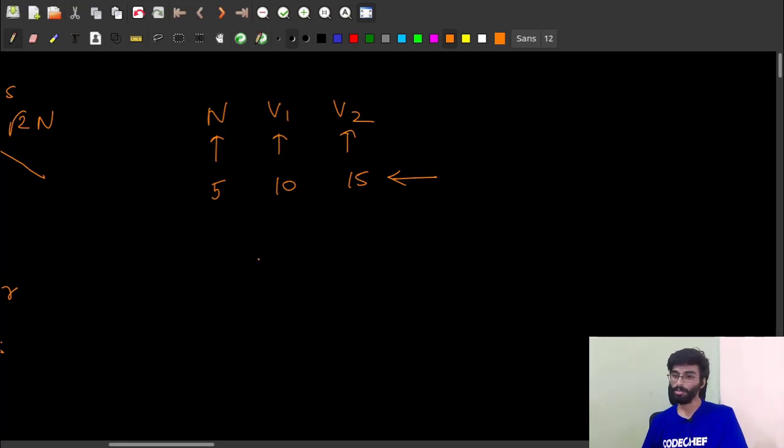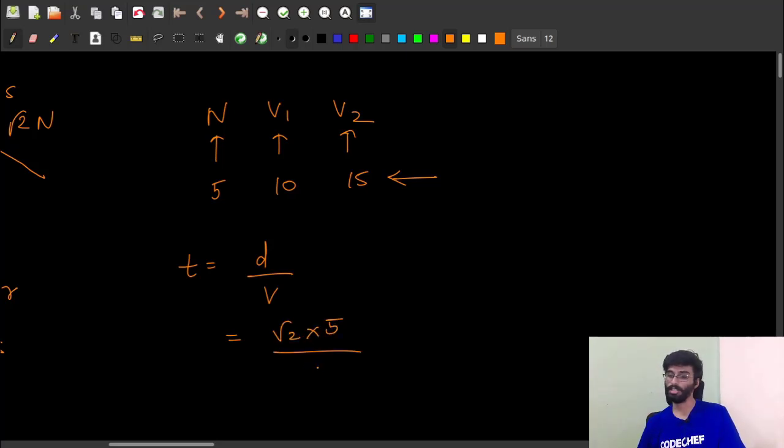First we have to find the time required to go down by stairs. The equation for time is distance upon velocity, and the distance in the case of stairs is root 2 times 5. The velocity for the stairs is 10.